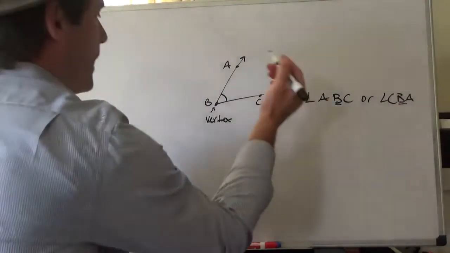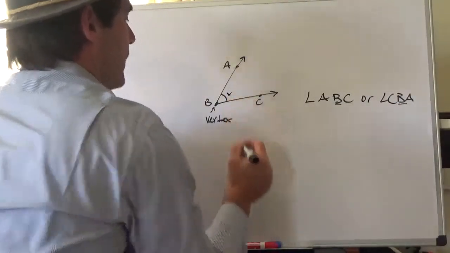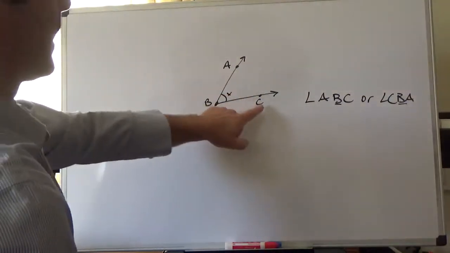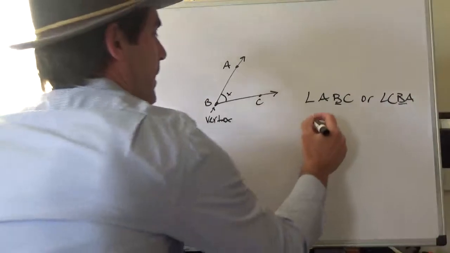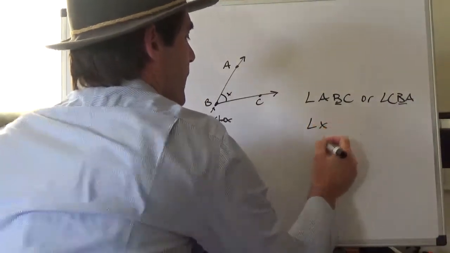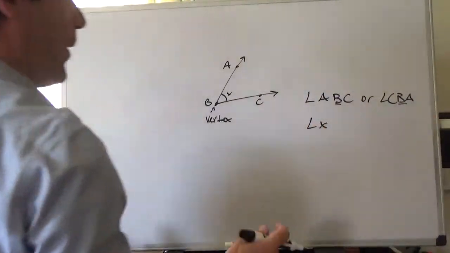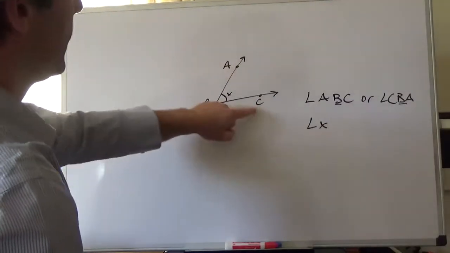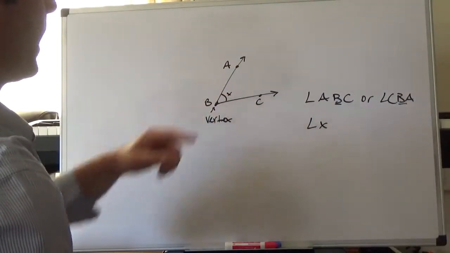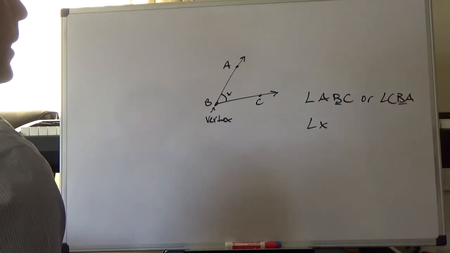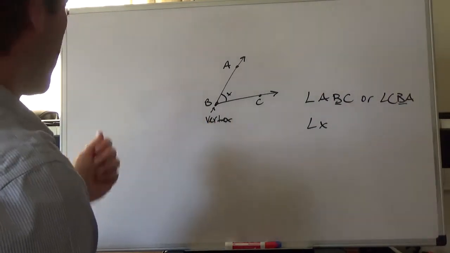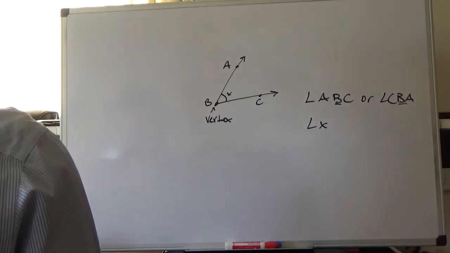Oftentimes you'll see the outside letters as capitals, and if they want to name this angle X, we can do that too. It would just be angle X. It's all the same angle, either ABC, CBA, or angle X, depending on what you want to call it. This becomes important in a minute when we're trying to add and subtract angles.